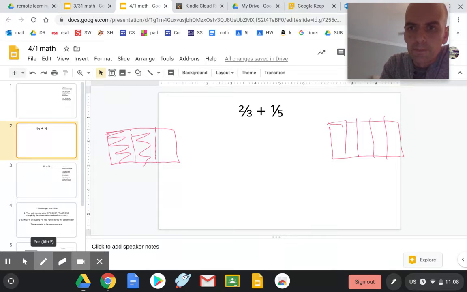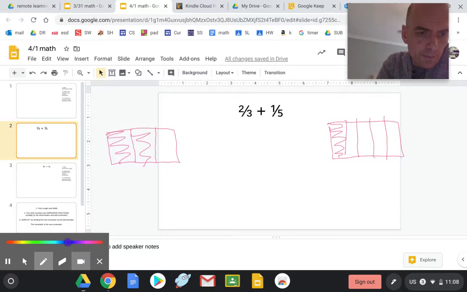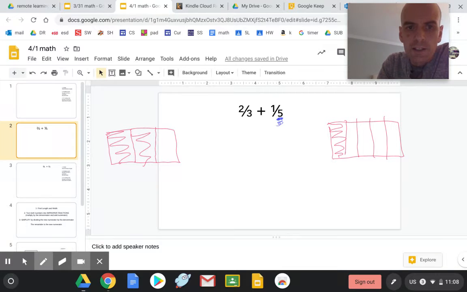Then remember, we're always going to split this fraction by this guy's denominator. So we're going to split this fraction 5 times. So we'll go the other way. 1, 2, 3, 4, and 5.